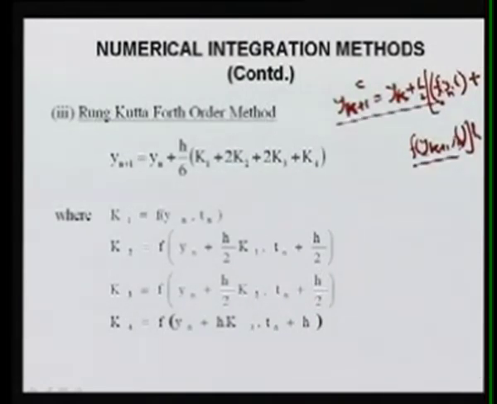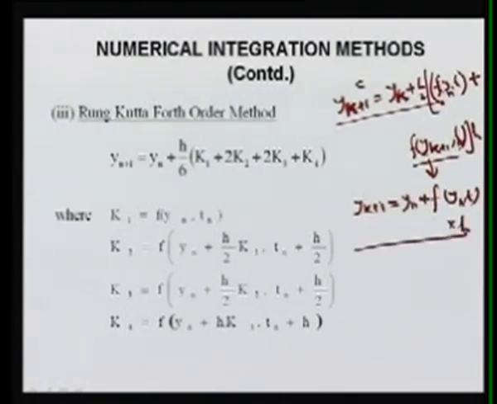So first there is the predictor step. In the predictor I am taking the previous one. Here it is yk plus 1. In the predictor it will be yn plus the function f(yn,tn) into h.